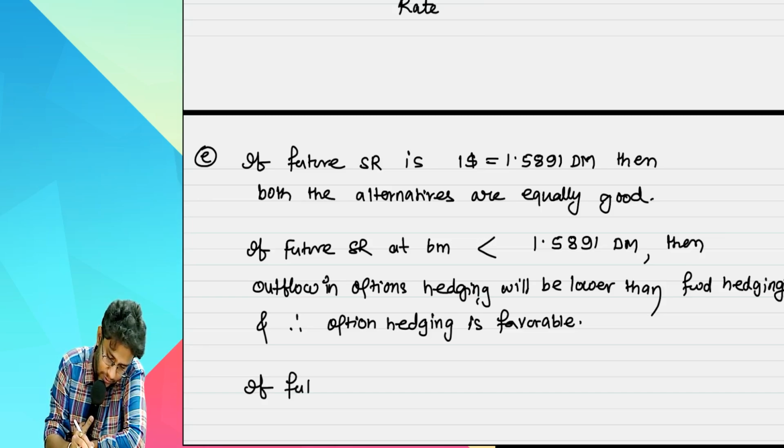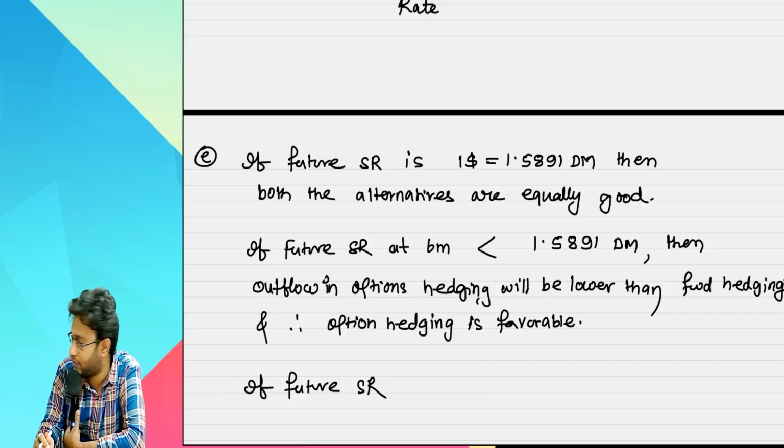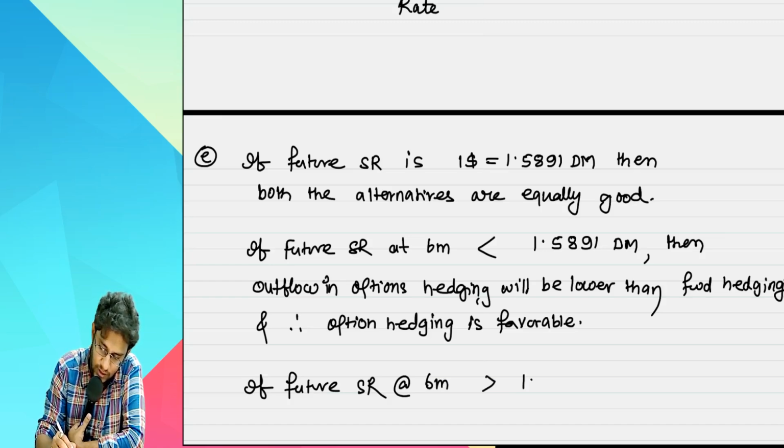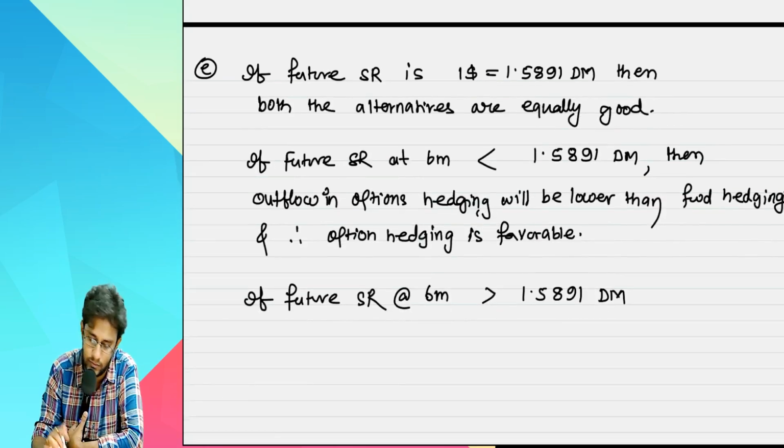Similarly, he asked another question. At what range is forward better? If the future spot rate at 6 months is greater than 1.5891 dm, gone. In this case, options are bad.